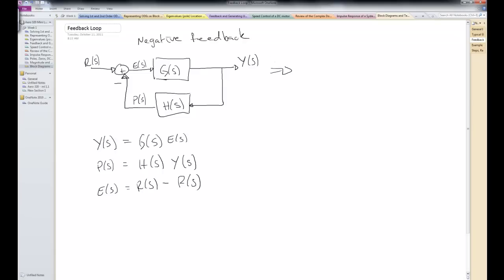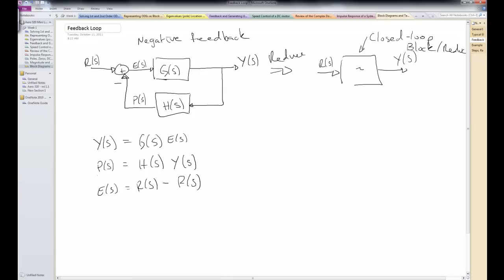In other words, I want to reduce this to R of S going in, one block right here, and then Y of S coming out. And this would be the closed loop block or reduction.